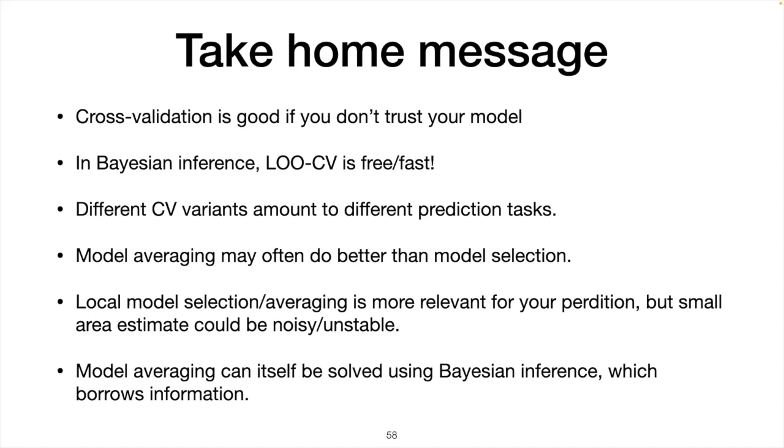And different CV amounts to different prediction tasks. Model averaging is often better than model selection, and local model averaging is even better than universal model averaging that has the same weight in the population. And model averaging itself can be solved by Bayesian inference and incorporate Bayesian structure priors.